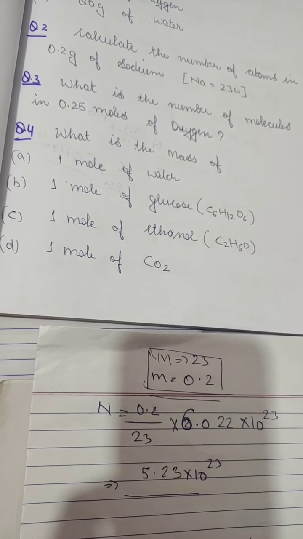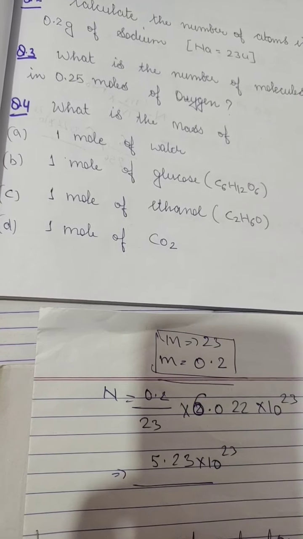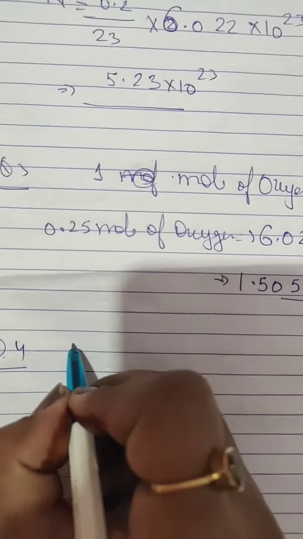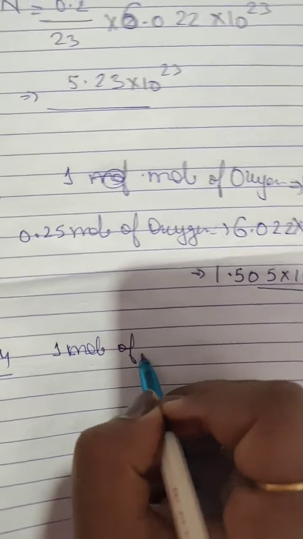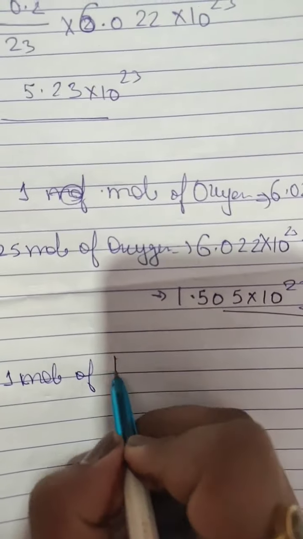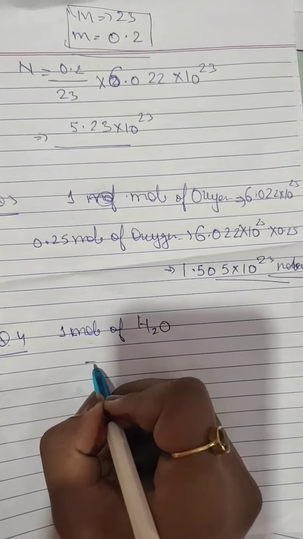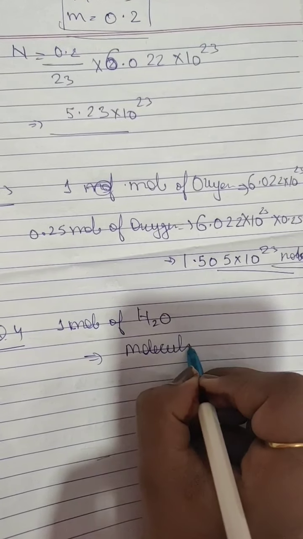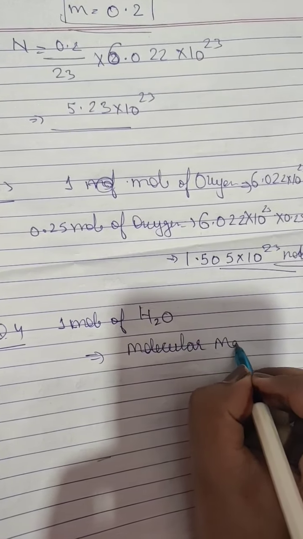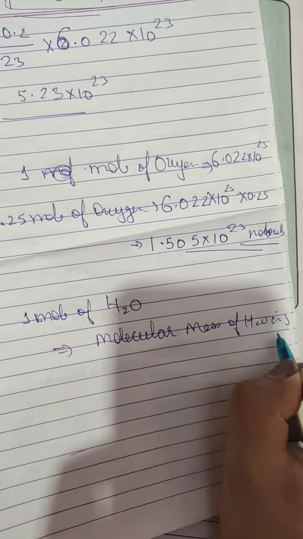So we have to find the mass of these. 1 mole of water is H2O, so we have to find the molecular mass of water in grams.